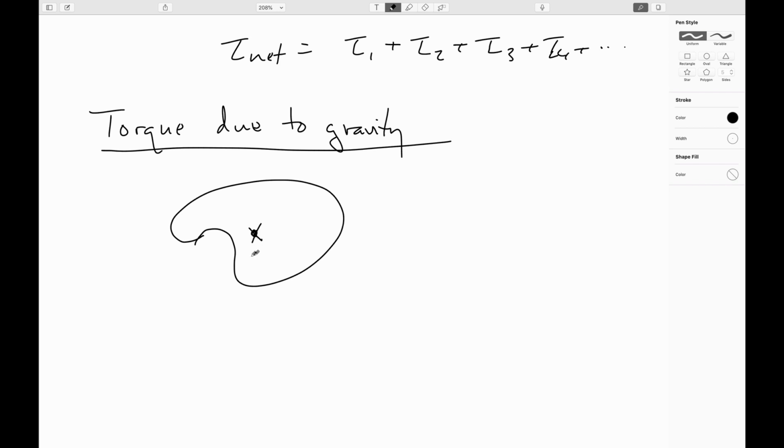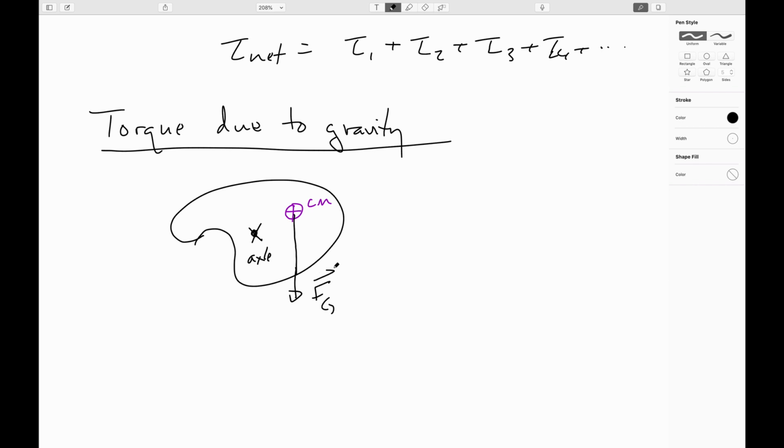Let's say this is my axle. If I'm trying to describe gravity, what you can do has been rigorously shown that if you calculate where the center of mass of the object is, you can pretend that the entire force of gravity is being applied at that center of mass.